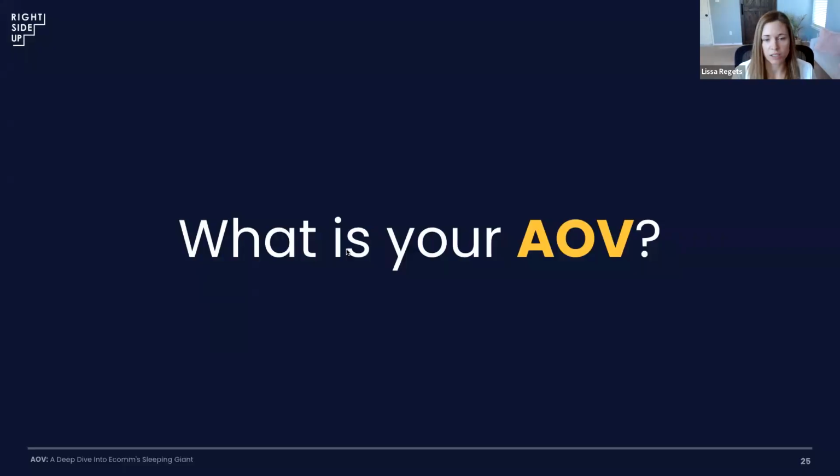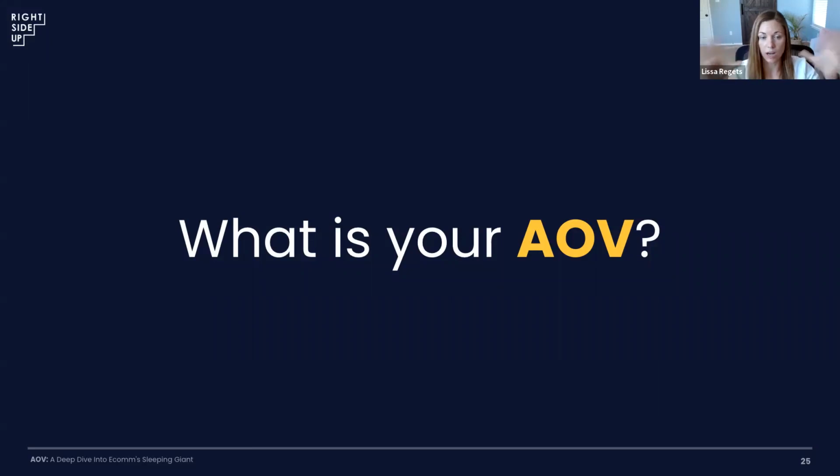So just to say, what is your AOV? You can take all of these ideas that I gave you, but if you don't understand where you're starting from, then you're not going to know how to get to where you're going next. So the first thing is to dive into your data, understand what your existing AOV is, ask your head of growth. If you're the head of growth, start diving deep into that, understanding even different splits of it.